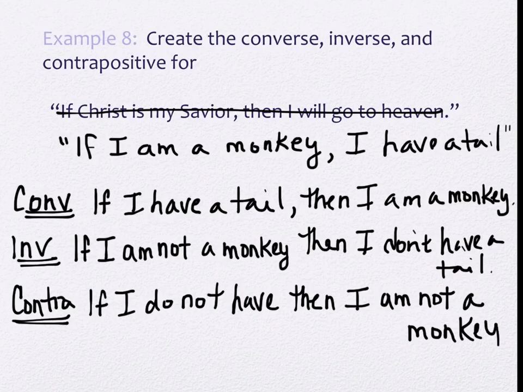And their example of this, when they were looking at this, was an ape, right? That's what they were talking about in the scenario. This is the same as the original statement. If I'm a monkey, then I have a tail. If I do not have a tail, then I am not a monkey. Those are logically equivalent statements. However, it does beg the question, what is Curious George? So I'll leave you with that to think about.